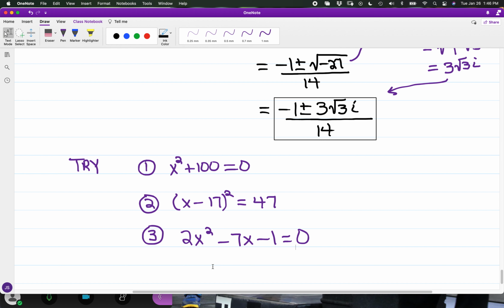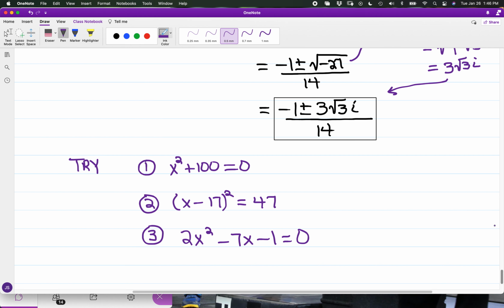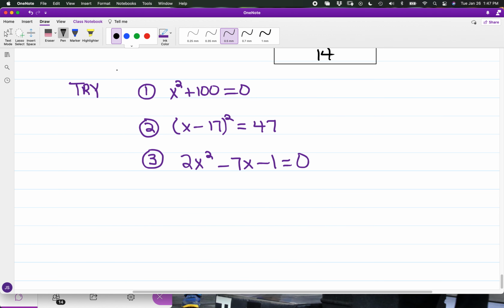Just looking at these three problems, first of all, we have another sum of squares, whereupon we have x squared plus 100 is equal to 0. Now again, you could factor a difference of squares in the real number system, integers, but a sum of squares, you cannot.